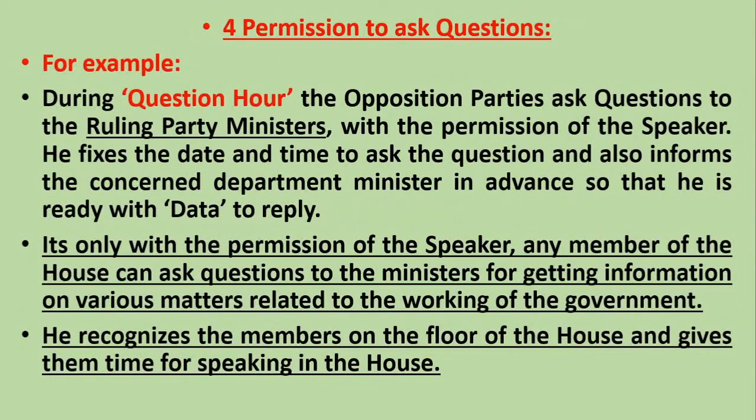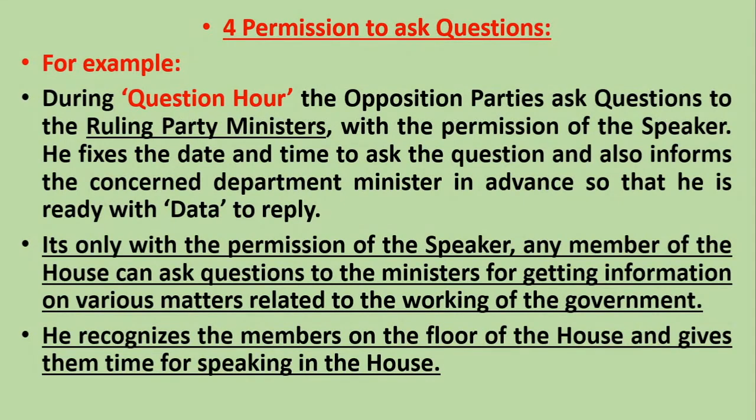The next is permission to ask questions. The example is during question hour, the opposition parties ask questions to the ruling party ministers. With the permission of the Speaker, he fixes the date and time to ask the questions and also informs the concerned department minister in advance so that he is ready with data to reply.